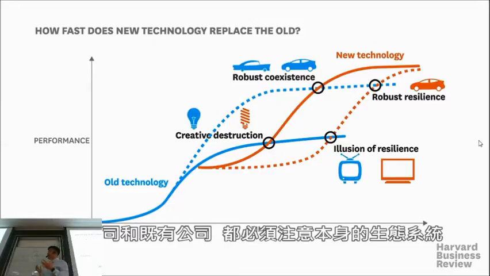Of course, using the new technology doesn't mean you will win, right? Sometimes you face very high risk. Tesla burns the money very fast because building the charging stations and building the battery-driven cars all require capital. And if they can't quickly spread their charging stations over the world, they probably have no chance to survive.